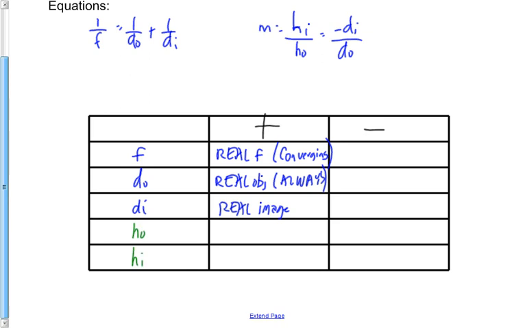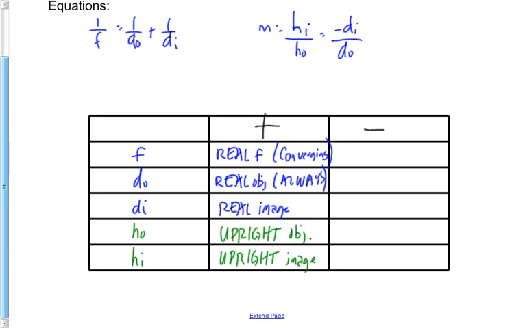HO, HI. When's HO positive? If you have an upright object, same deal as it was with mirrors. Okay, and that's going to be the case almost all the time. And HI is going to be positive if you have an upright image. And of course, it's going to be negative if they're flipped over, if they're upside down, inverted.